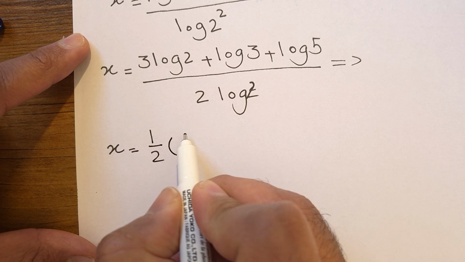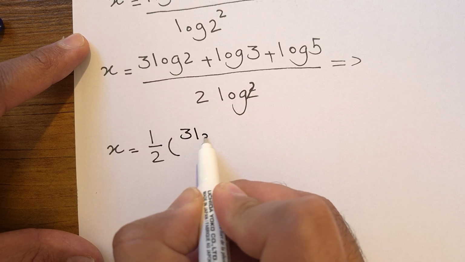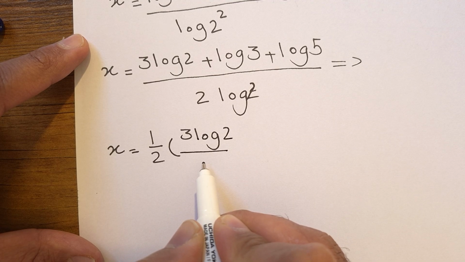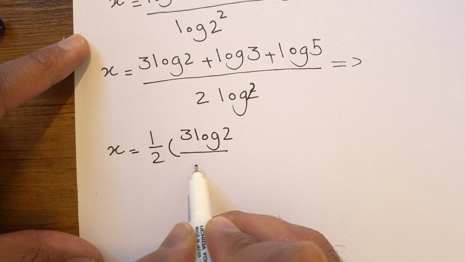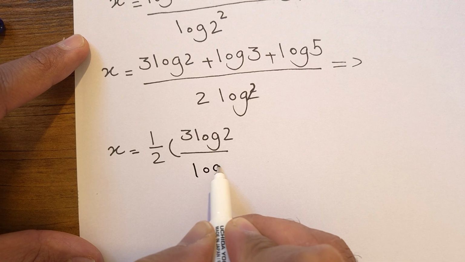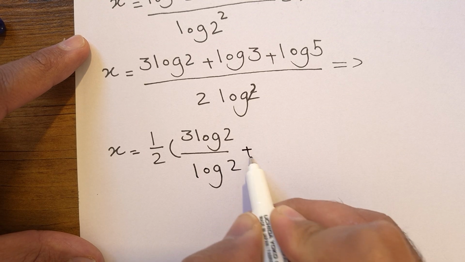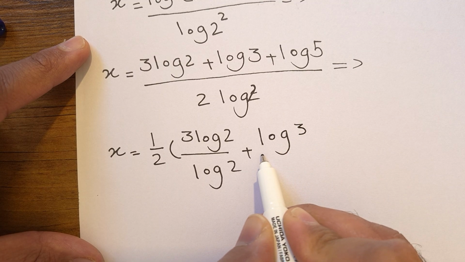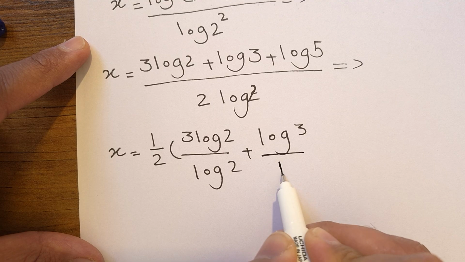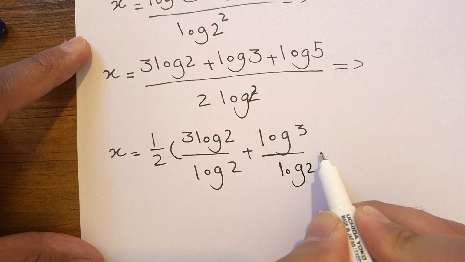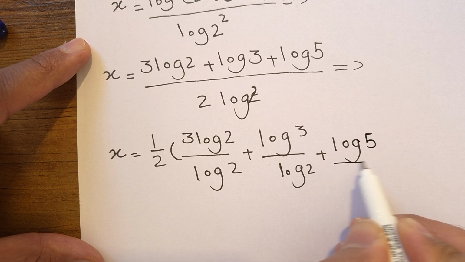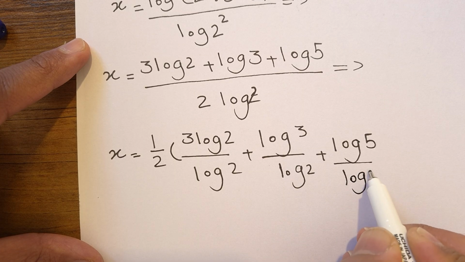If we factor out 1/2, it becomes 3 log 2 over log 2 plus log 3 over log 2 plus log 5 over log 2.